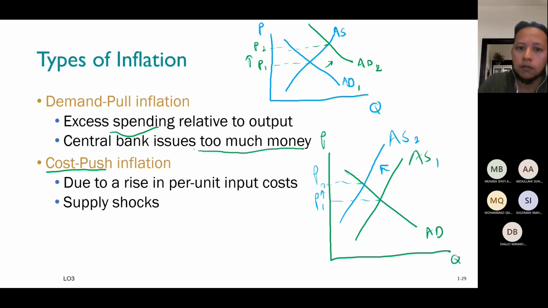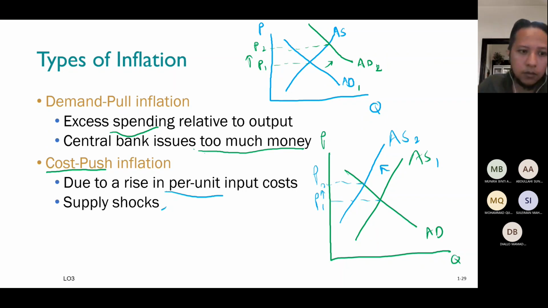So when aggregate supply reduces, basically there will be fewer goods and services in the economy. Okay, and this is related to supply shocks. And you can maybe say there will be an increase in price per unit output.